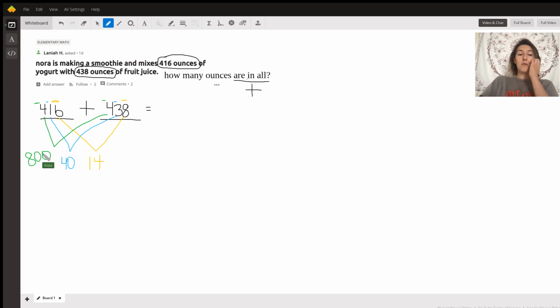Okay, so now it's our chance to add up all of these numbers. But oh my goodness, look, we forgot to notice we have an extra 10. Look, there's a number in the tens place. So this 10 has to go over here. And it should really be 40 plus one more 10 is 50.